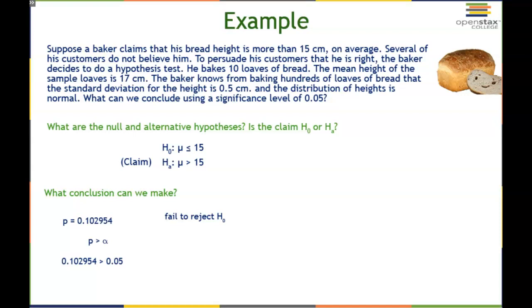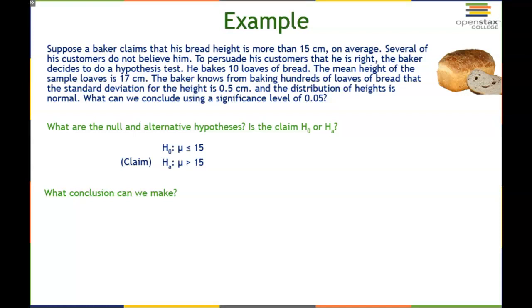We never test HA. It doesn't matter that our claim was an HA. We only ever test the null hypothesis. Because we do not reject H0 and HA was our claim, we will say our claim is, in essence, bad. We don't have enough evidence to support our claim.